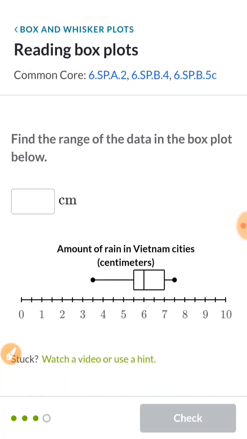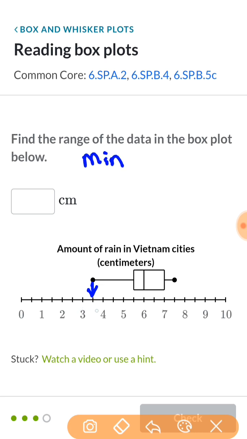So now we're asked to find the range of this data. So again, just to make sure we're not missing anything, by now you should be able to recognize that my minimum is in between 3 and 4. So my minimum is 3.5.